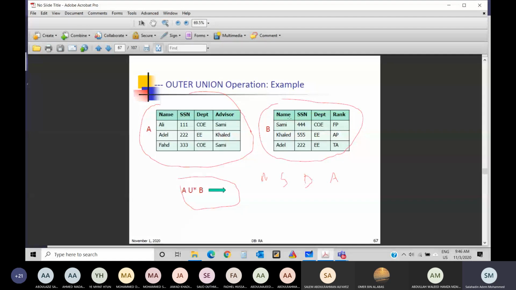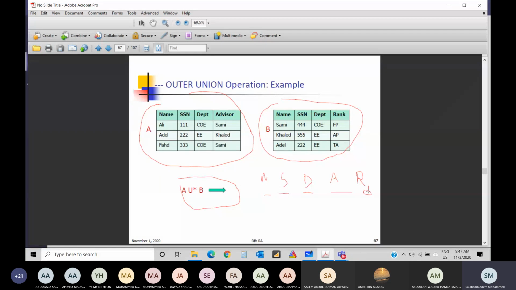Now, what about the column which is not here? Also add it. Name I already have, SSN I already have, department, rank. Right? Because I'm going to combine these 2 tables into one table. Now go and write all these values. Ali 111 COE Sami. Do we have Ali's rank here? No, it's not here, right? So this is going to be null.